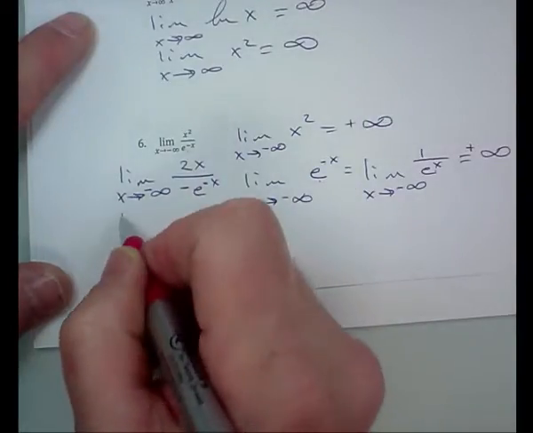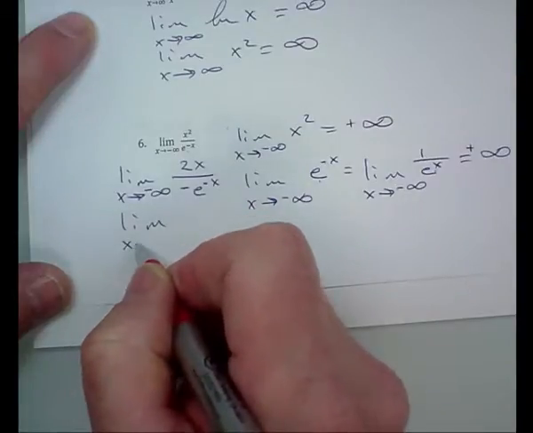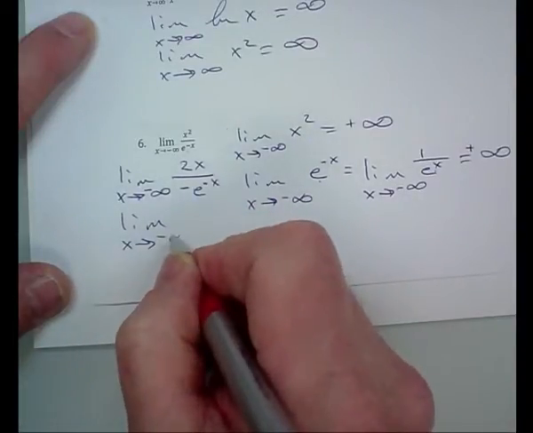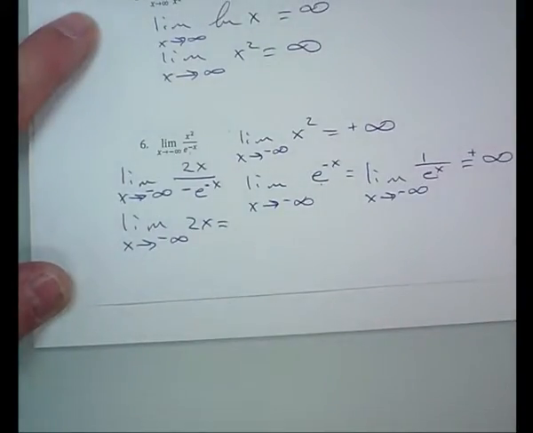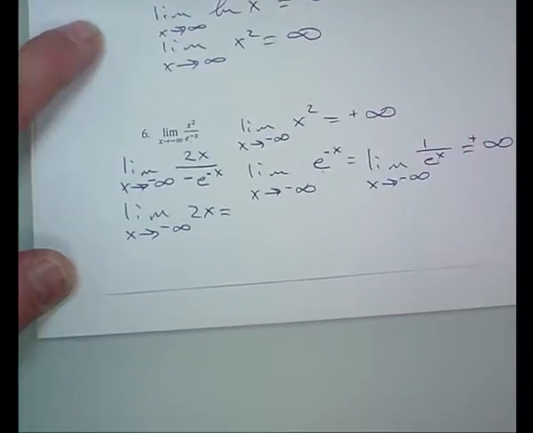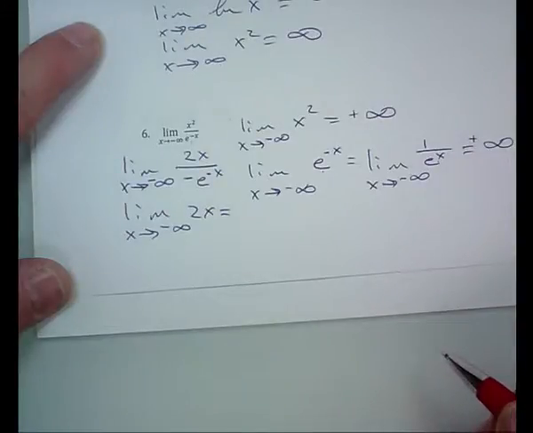I gotta do this, otherwise the AP gods get a little testy. So we get infinity and infinity again, or negative infinity. I gotta show what it is.